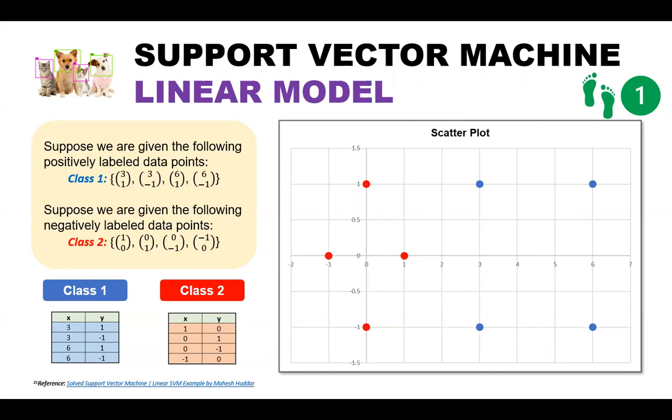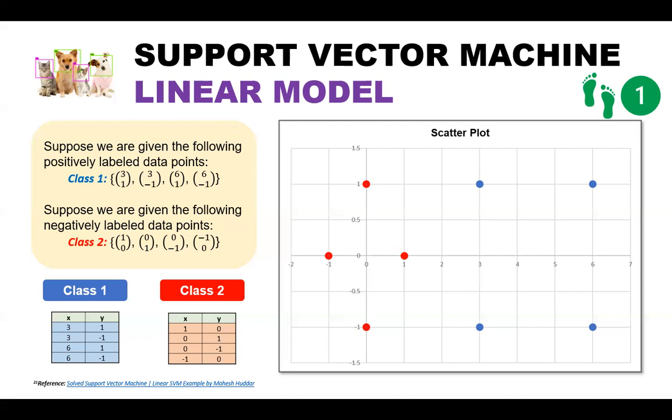Suppose we have two different classes to identify and separate. Let's say class 1 corresponds to all positive data points, and class 2 corresponds to all negative data points. At a quick glance, it is easy to say that the hyperplane is lying parallel to the y-axis in between 1 and 2. But let's proceed to the next steps to compute mathematically.